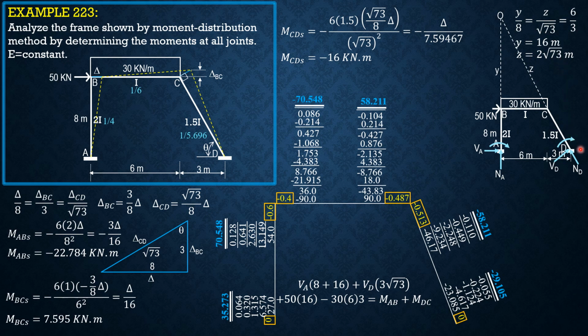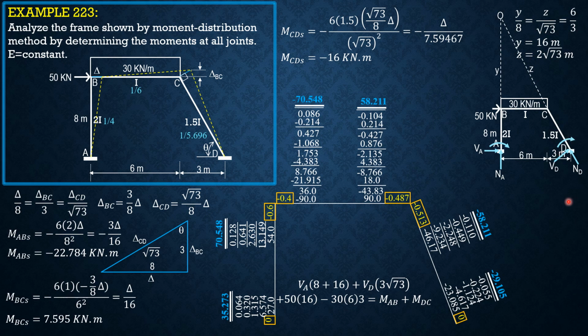So therefore, the distance from D to O is 2 square root of 73 plus square root of 73. That's 3 square root of 73. The distance of A to O is 16 plus 8, so 24, or 3 times 8. So setting up equations. So VA, let's assume moment AB as clockwise. At D also. So we have V sub D clockwise moment for DC.